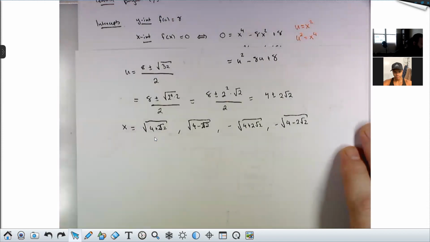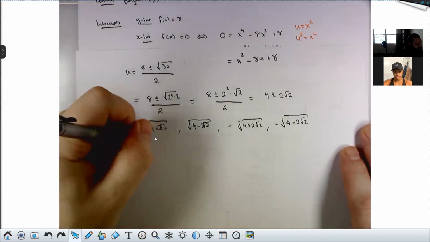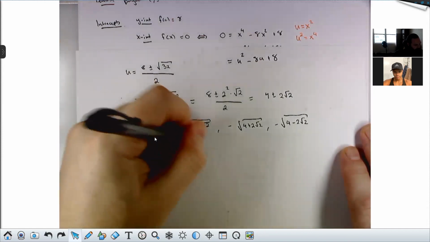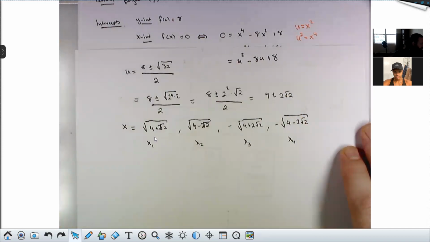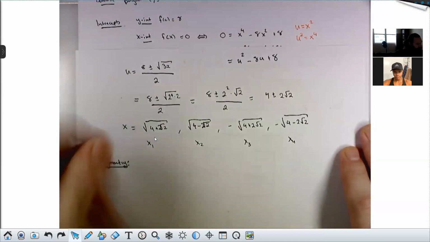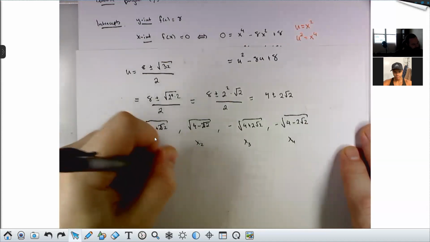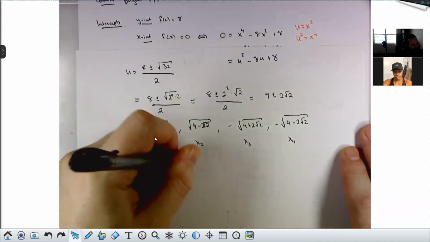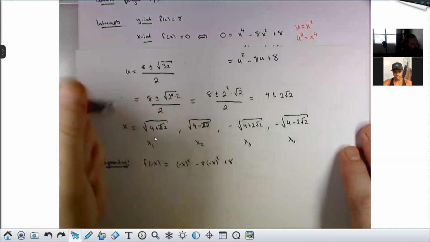If we move on from intercepts, I'm just going to say, this is positive. I'll call these x1, x2, x3, and x4. Symmetries. We do have symmetry here. F of negative x would be negative x to the 4 minus 8 times negative x squared plus 8.